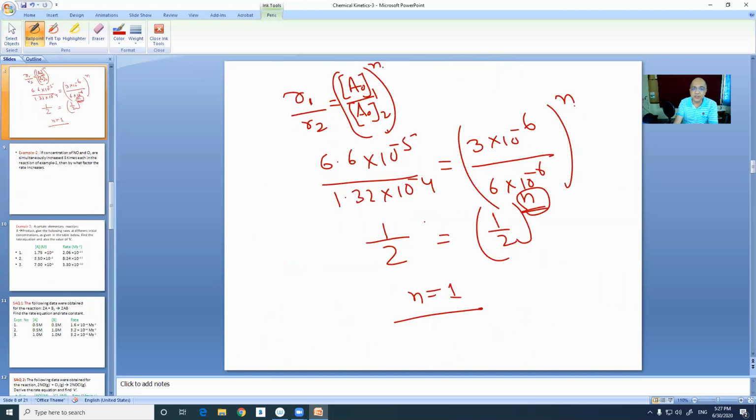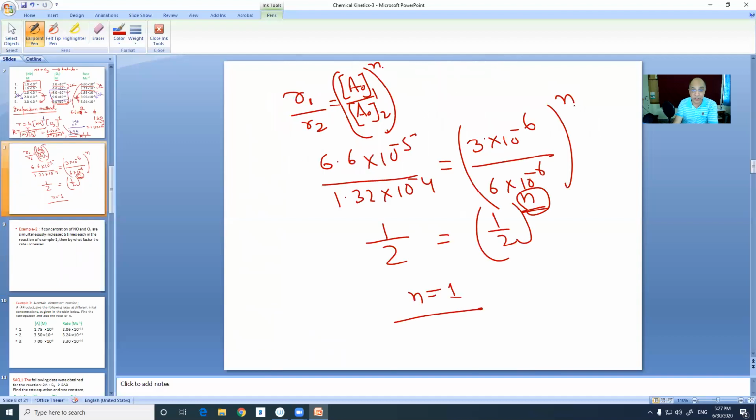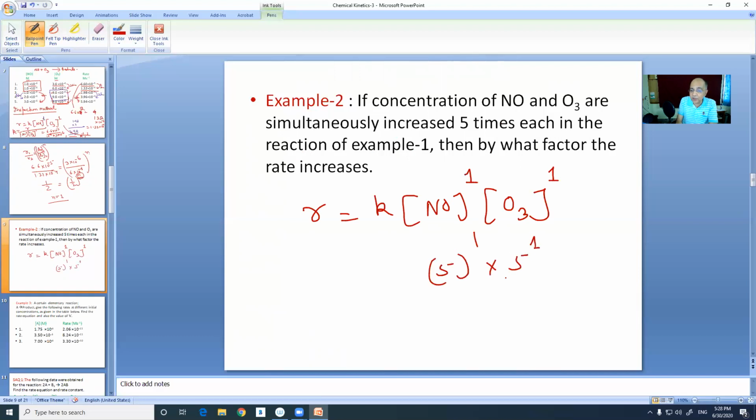Now, this is a question. We have finished this question. If the concentration of NO and ozone are simultaneously increased by 5 times each in the reaction of example 1, then by what factor does the rate increase? Already we have determined the rate law, that is NO to the power 1 and ozone to the power 1. So here it will be 5 to the power 1 and 5 to the power 1.